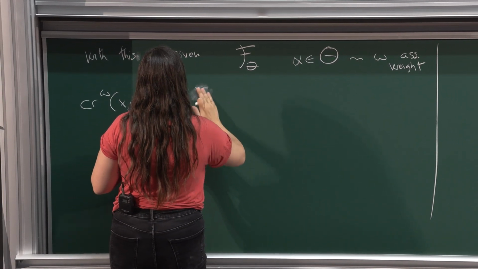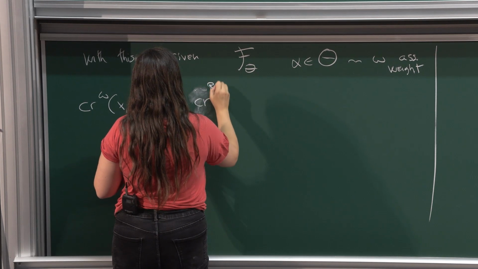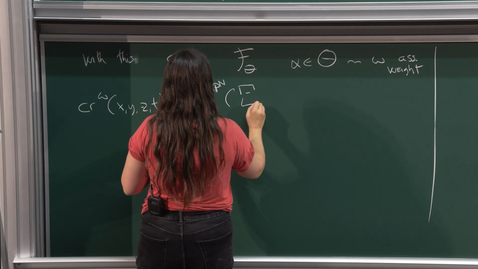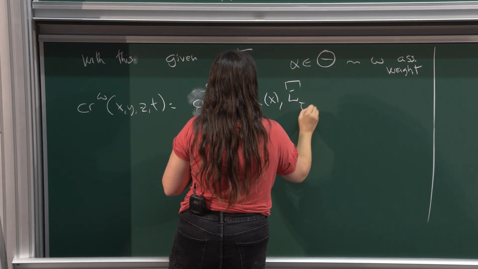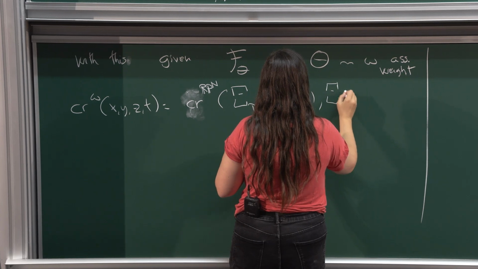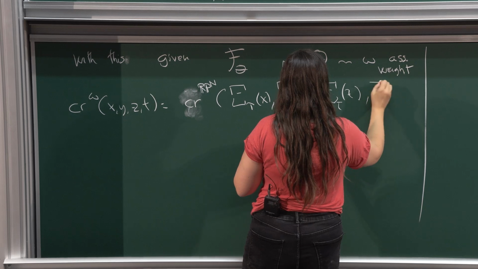So maybe I'll write it CR on RP^n of xi tau of x, xi tau of y, xi of z, and xi of t.